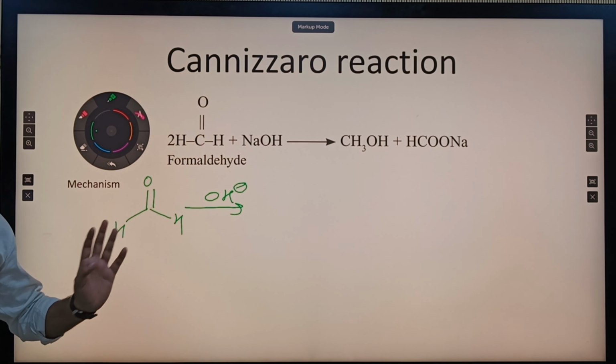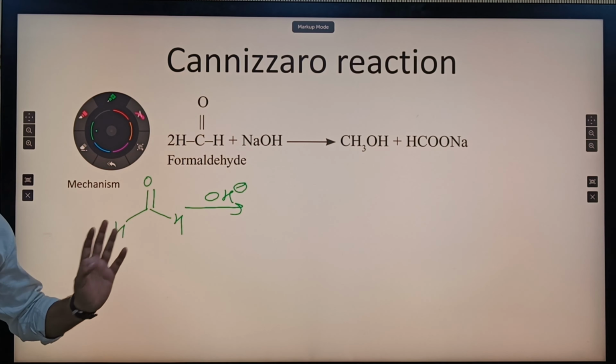So from here we have a double bond oxygen, O negative, hydrogen. The sodium metal from the base goes to the oxygen negative, making a carboxylic acid salt.